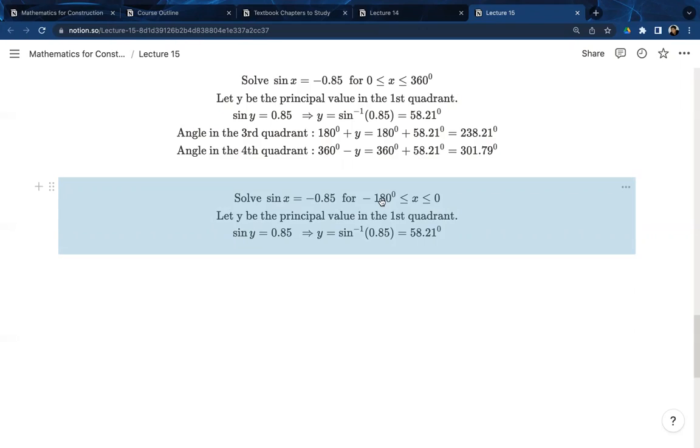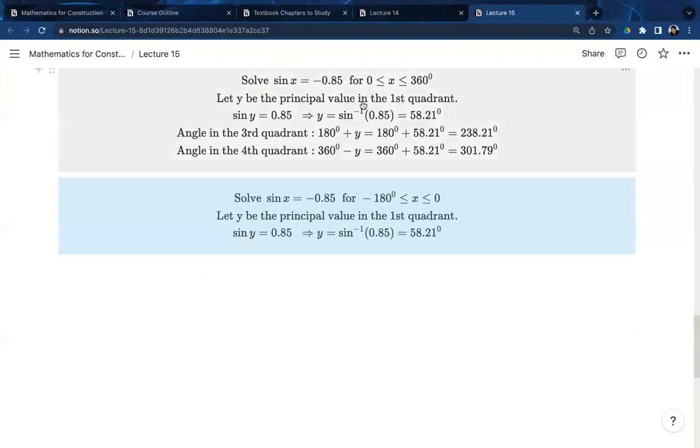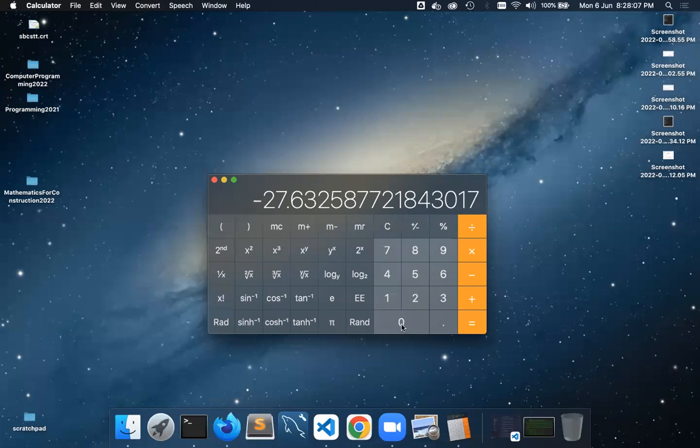Now here, when you use the calculator, right? What we had? 0.85, right? 0.85 minus second function sine inverse. Now this negative value, now we could use it because this is a fourth quadrant angle.